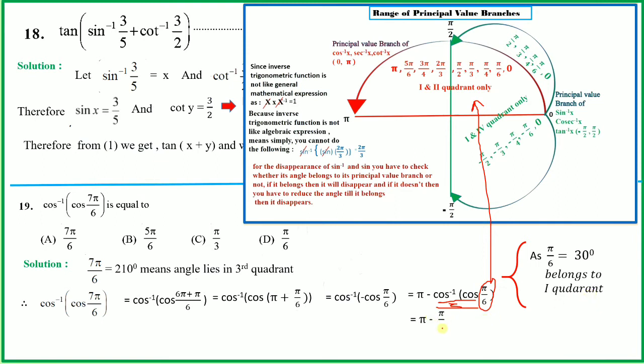Therefore it is equal to pi minus pi by 6, which with LCM 6 is 6 pi minus pi, 5 pi by 6. And 5 pi by 6 is the final value of this question, and that option is B. So option B is the right option.